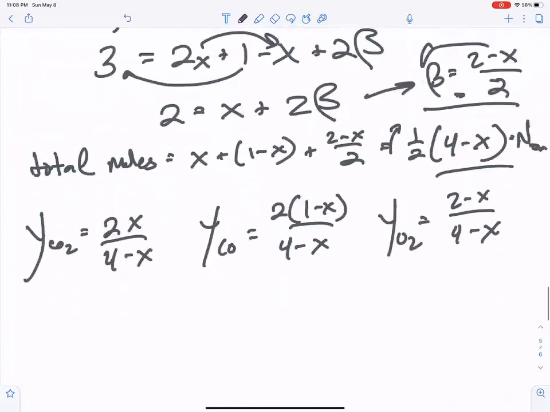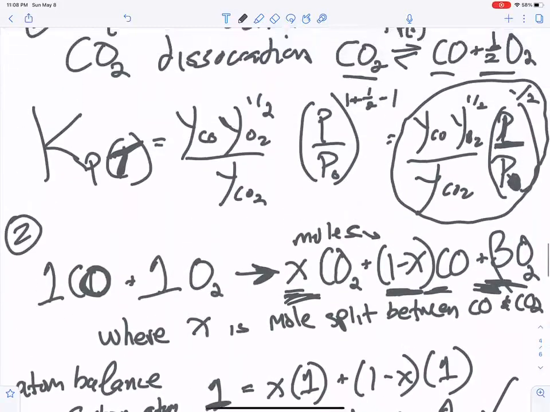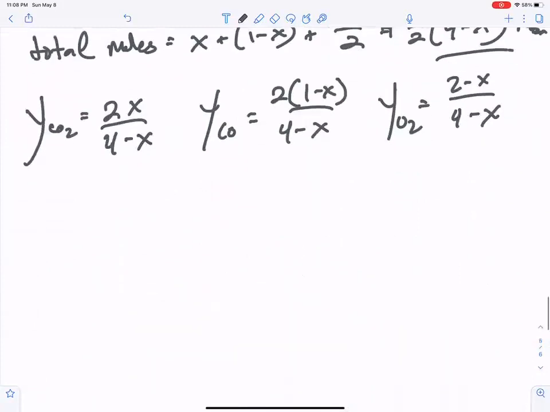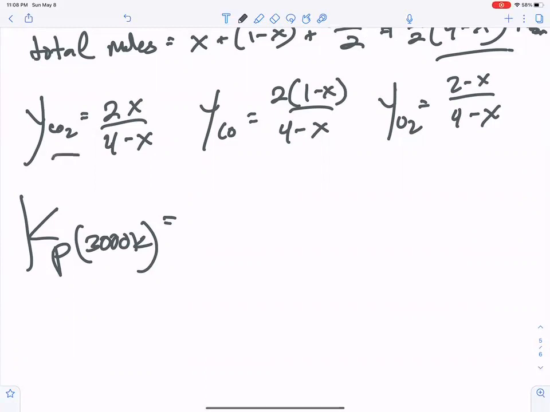And then plugging that into the equilibrium constant for this specific CO2 dissociation. We already know the temperature, so I'll note this down here. The Kp at 3000 Kelvin equals, this is at the bottom, so let's start with this one here.